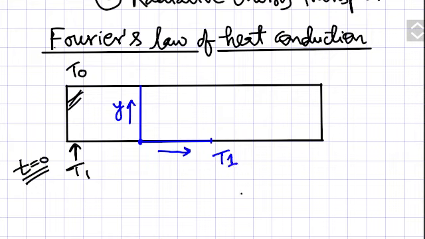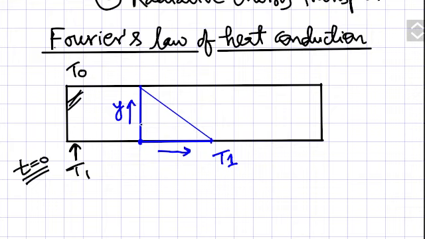Now with time, you will find that the temperature will start increasing like this, meaning the far end of the slab will not be at that temperature yet. So you will see something like this, and then the temperature will start reaching this point also. Then you can see that this curve will become more and more flat, and ultimately when the steady state comes, meaning that after that state the temperature of the slab will not change with time, you will get a profile like this.